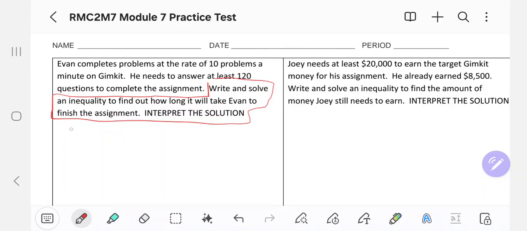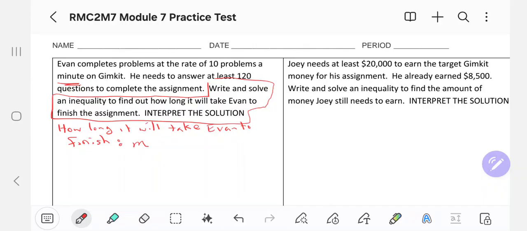So, how long it will take, and what are we measuring it in, minutes? So we could say how many minutes it will take Evan to finish. Okay, and let's make that, because it's time, we can do T, or how long we do L, but I'm going to do minutes because I read up here that it was going to be minutes.